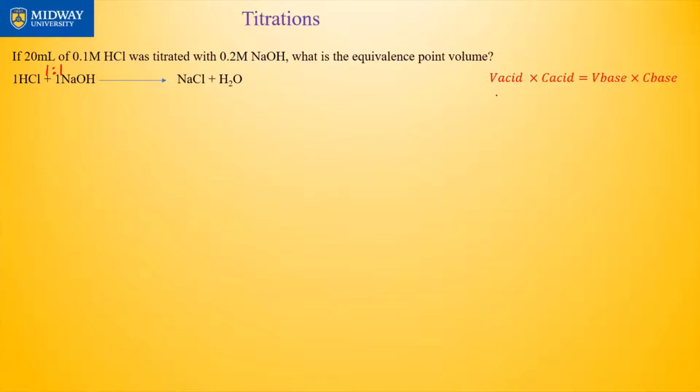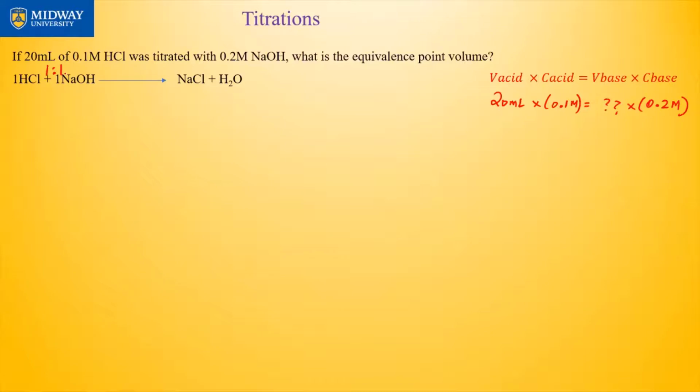So we know the volume of acid is 20 mL, we know the concentration of acid is 0.1 molar. We don't know the volume of base, that's what we're trying to find. And we know the concentration of base is 0.2 molar. The reason I said it's a simple plug and chug is simply because these two are in 1-to-1 ratio.